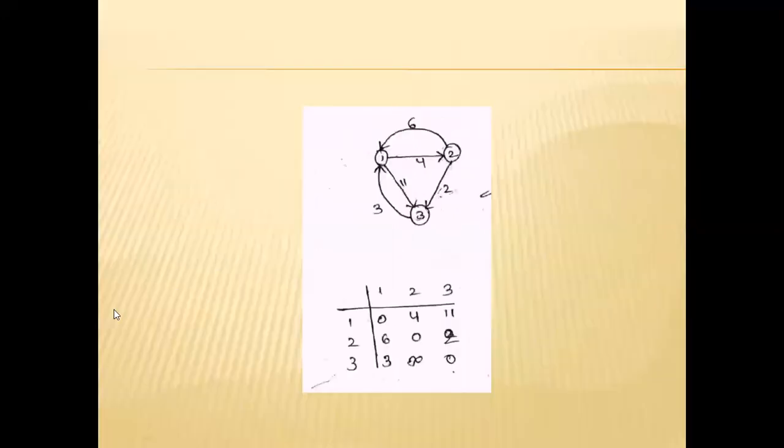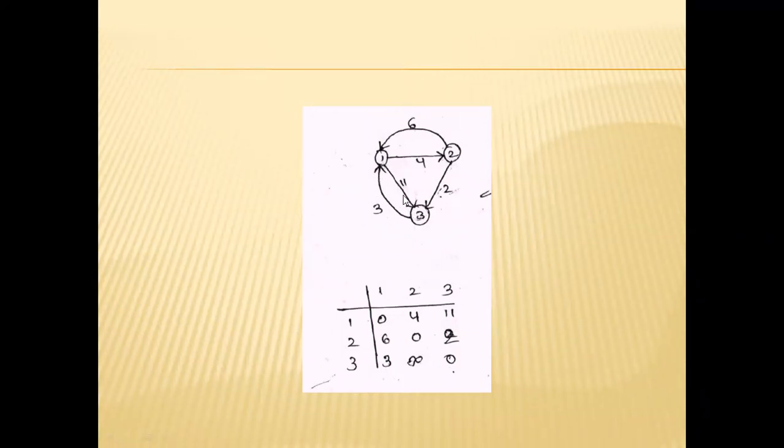In the previous example, the graph has three vertices. First, 1 to 1 is 0, 2 to 2 is 0, and 3 to 3 is 0. Next, if any edge is present in the graph, it is represented by the cost or length of the edge. Edge 1 to 2 is present, and it is 4.